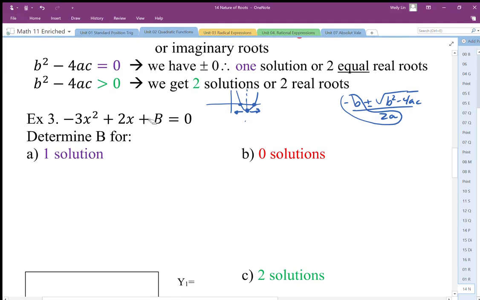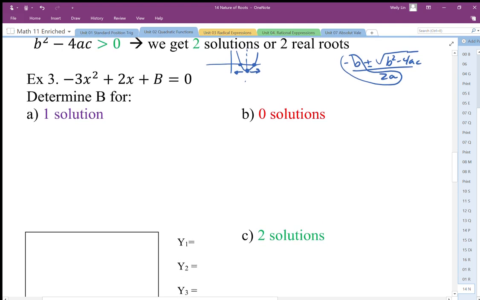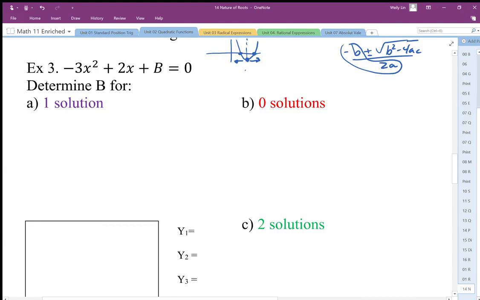Looking at this graph here, we can determine the value of b for one solution. There's a video where I animated the change in b and see what happens. The change in b will give us either one solution, 0 solutions, or 2 solutions.